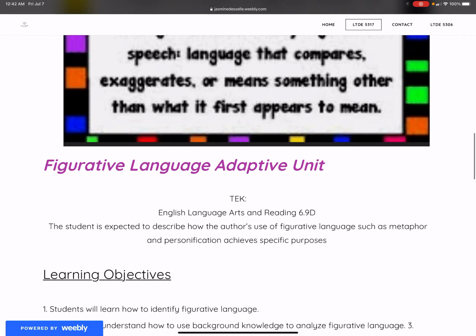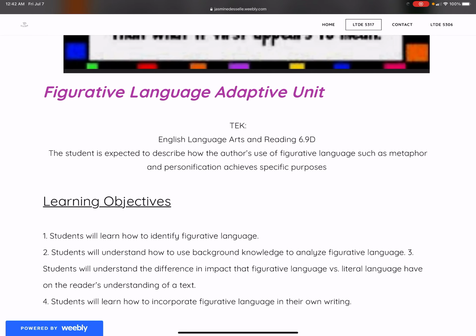This is my Kahoot activity. Here is the final project. This is our actual unit, the entire unit. This is my figurative language adaptive unit, and it goes over every detail of the unit.